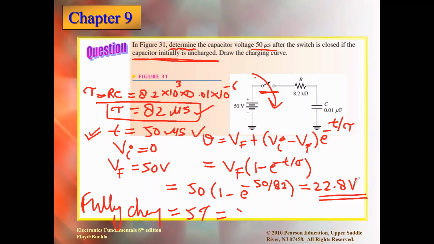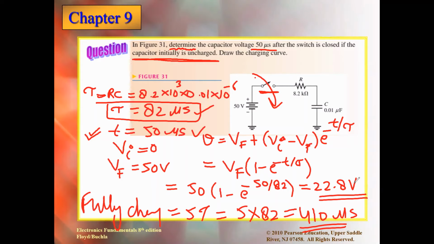And we already know tau is 82. If you multiply, it is 410 microseconds. It means in 410 microseconds the capacitor will be fully charged.